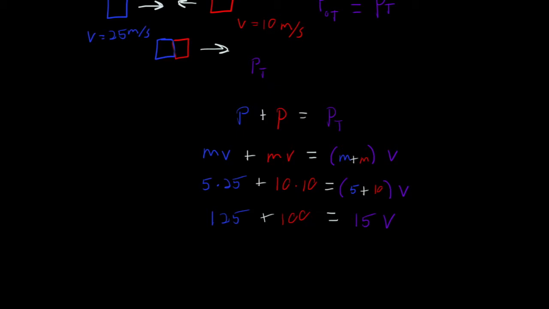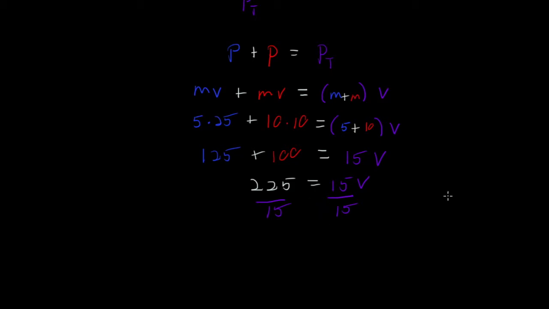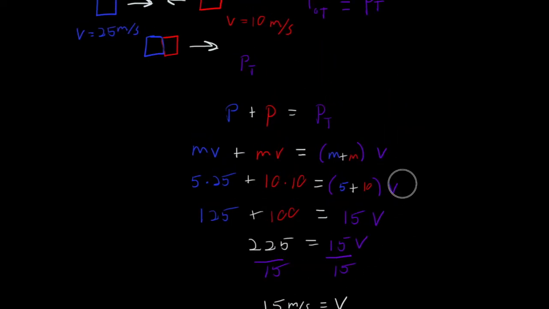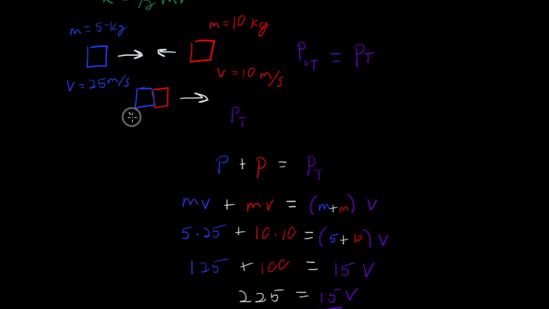And so on the left side, we'll have 225 equals 15v, and we can divide both sides by 15. Now 225 divided by 15 is actually 15 meters per second. That'll be our final velocity. So the velocity of this paired together will be 15 meters per second.